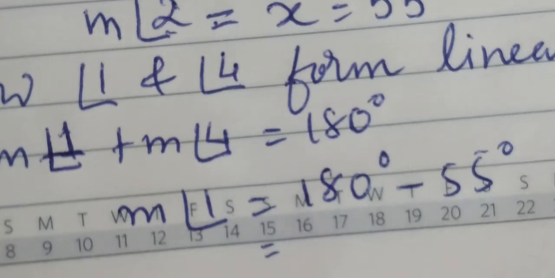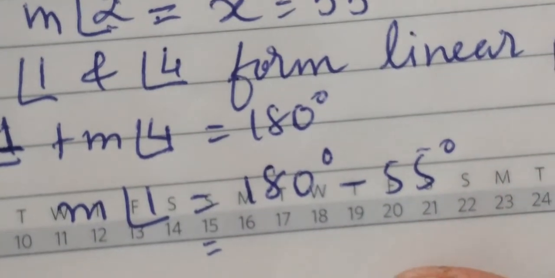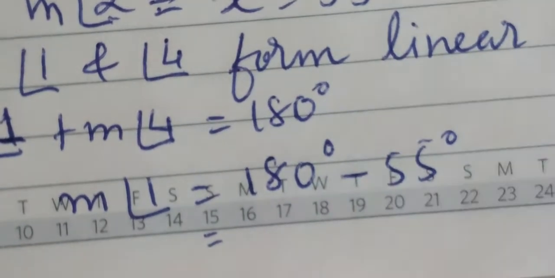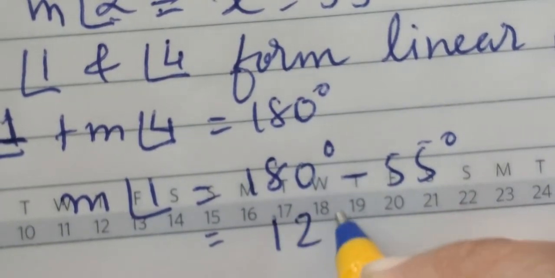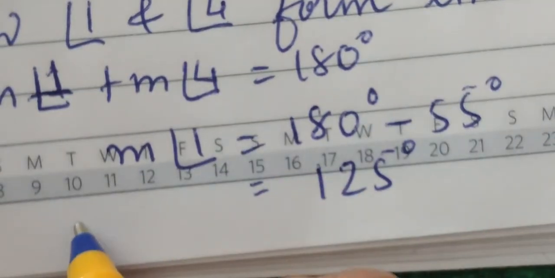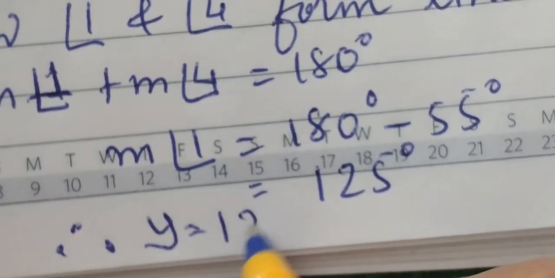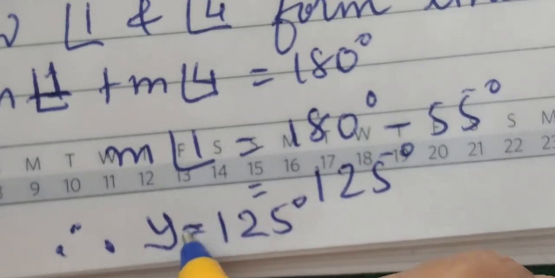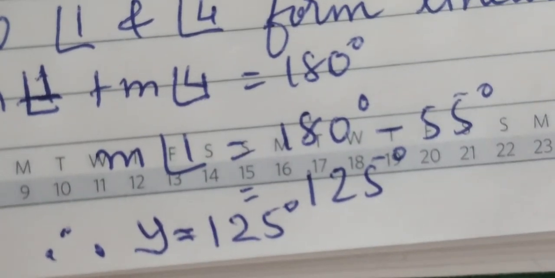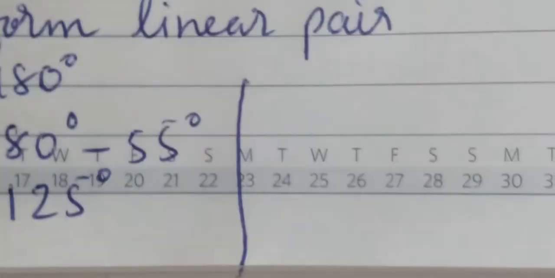That gives you 125 degrees. Therefore, y is equal to 125 degrees. Understood? I'm saving space.